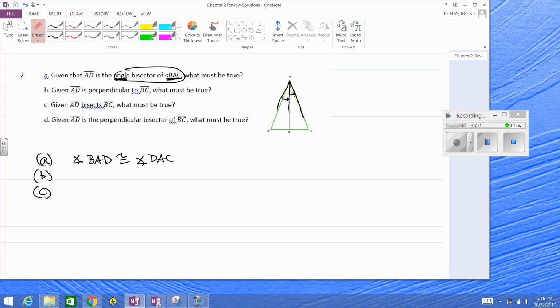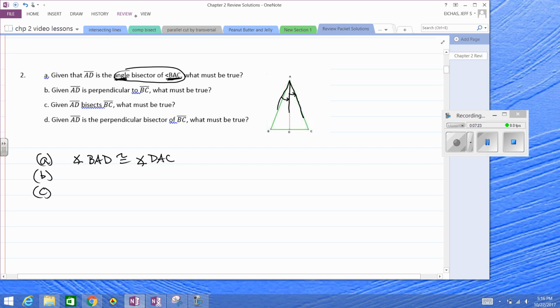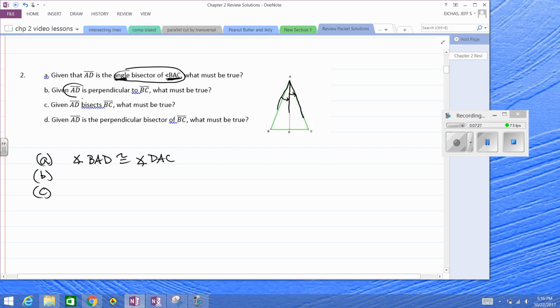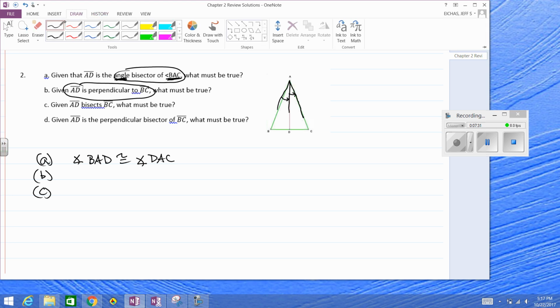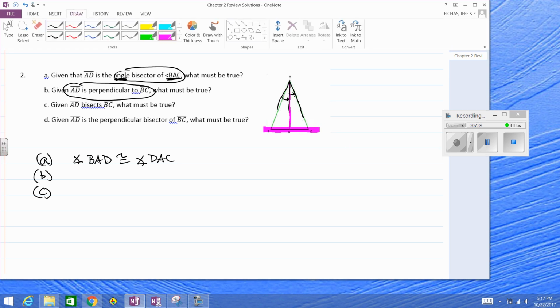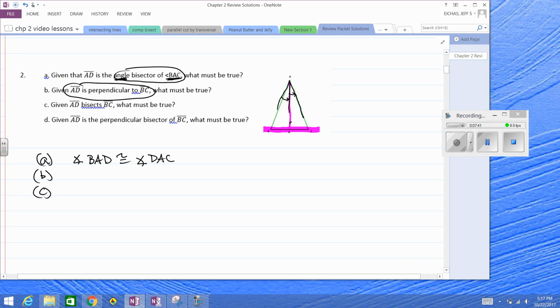So, let's go back. It says AD is perpendicular to BC. Completely missed that. If AD is perpendicular to BC, what we end up getting is right angles. The symbol we should put in the diagram is right there.